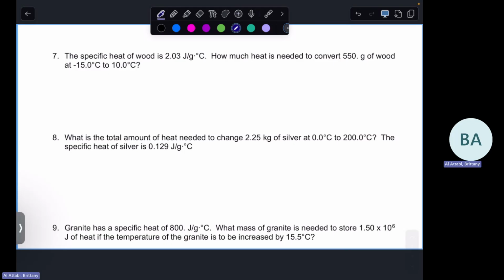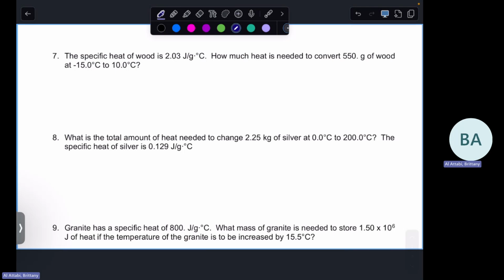Wait, oh. 10 minus negative 30. It's not 35. What the heck? Good Lord. You guys.